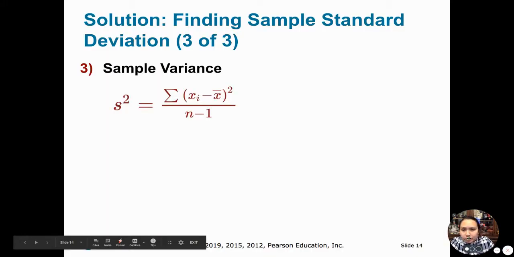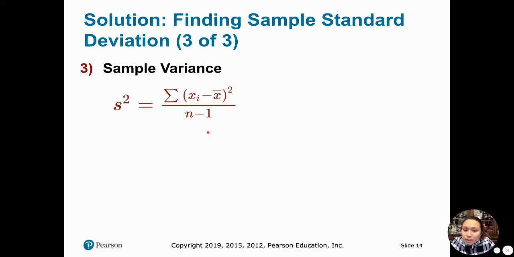Last step in finding the sample variance. What we did earlier with that table is we found the numerator for the variance, so that step is done. But we still need to divide by n minus 1.